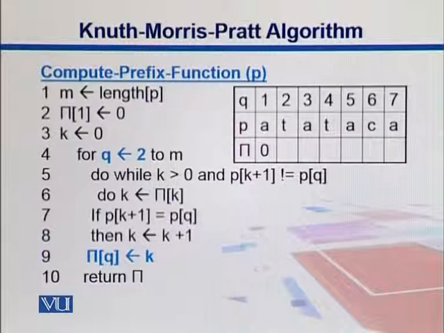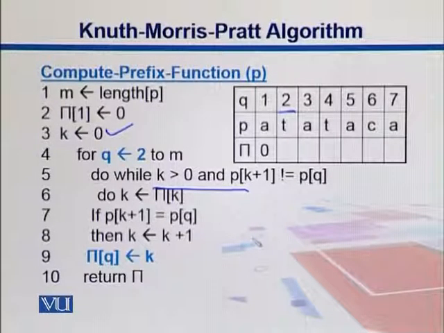Right now we are at q equal to 2, and at that position we have T right here. Since k is equal to 0, we won't go over here.